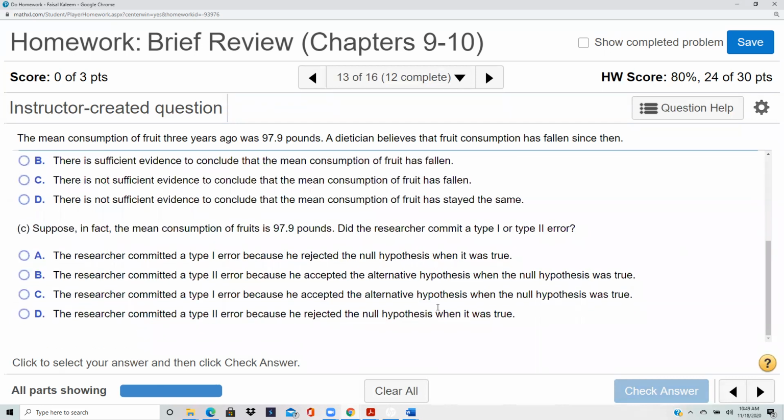So which one? Would it be C? Type 1 error because he accepted the alternative when the null was true. But what about A? Yeah.